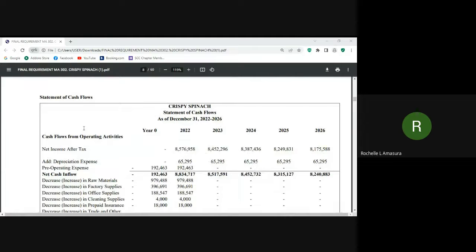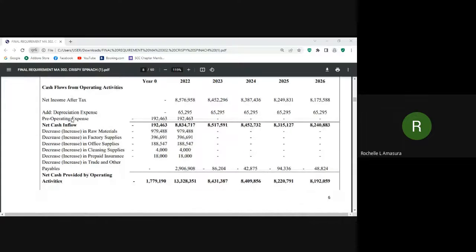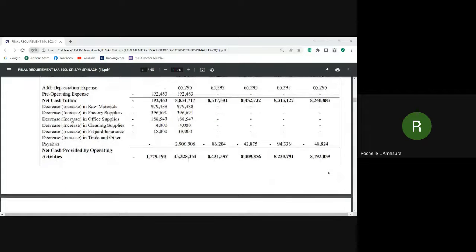Next, we have the statement of cash flow as of December 31, 2022 to December 31, 2026. So as we can see, we have the net income after tax. Same siya katong sa income statement nga nagkagamay jud siya, and then the depreciation expense.